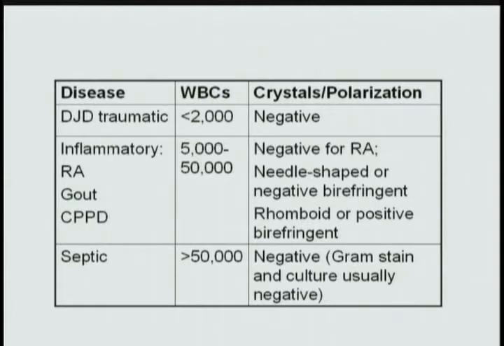These people usually have between 5,000 and 50,000 white cells. And then for gout and pseudo-gout, what do we find? We find the needle-shaped or the rhomboid crystals. The needle-shaped crystals are the uric acid crystals. They're negative birefringent, and the rhomboid crystals are positive birefringent. They're hexagonal, octagonal rhomboid crystals.